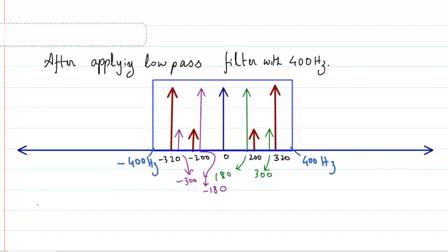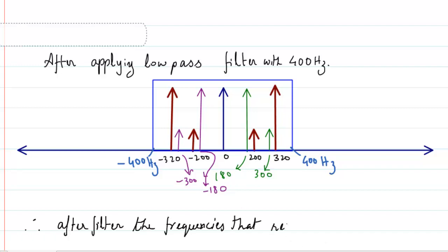So the frequencies I can write, therefore, finally, at the output after the filter. After the filter, the frequencies that remain are which all frequencies? You can see here 0 is, there is nothing in 0. 180 Hertz is there.